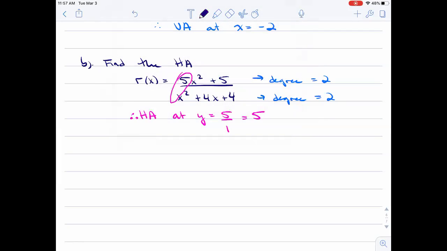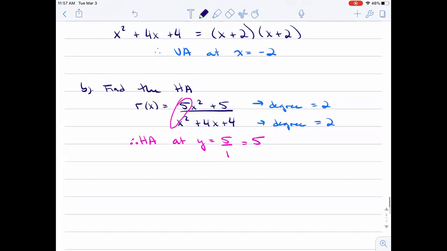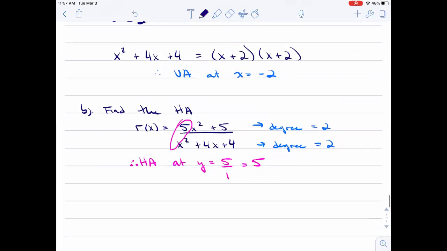How could you have two horizontal asymptotes? We won't. We'll only have one. It depends if you consider it being split, but we've got a horizontal asymptote at 5. How would it happen if you had multiples?